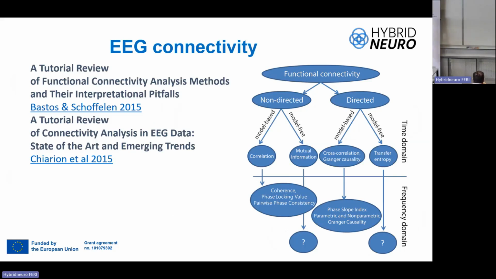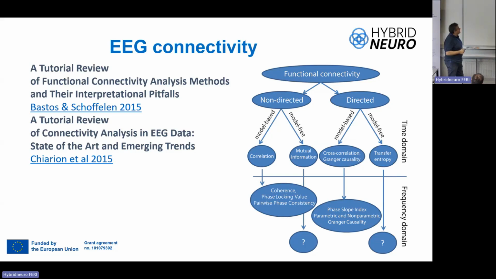There are a couple of very interesting tutorial reviews for brain connectivity. In the first one, we have this classification, the taxonomy. In this case, I would remove this functional. The connectivity can be non-directed or directed.